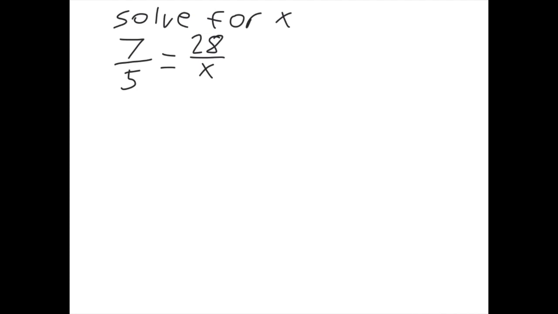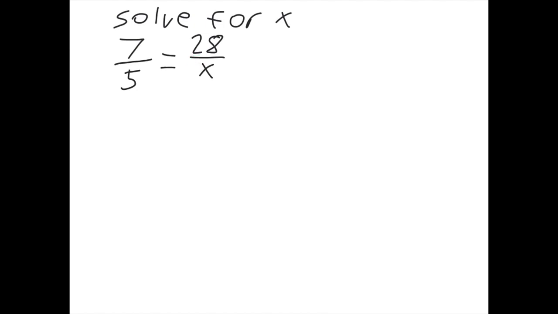You've got two fractions. The first method is, if you've got two fractions, you know fractions can be reduced, but they can also go in the opposite direction. So you can say 7 becomes 28 by the same factor that 5 becomes x. So what do you have to multiply 7 by to get 28?